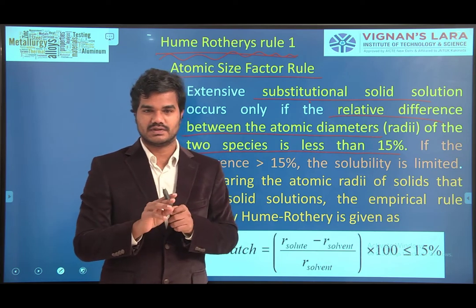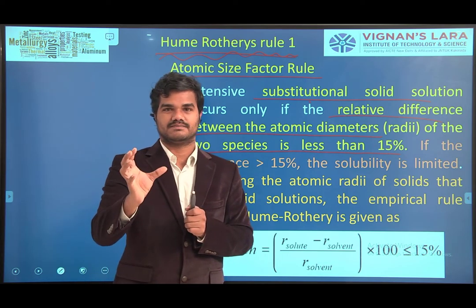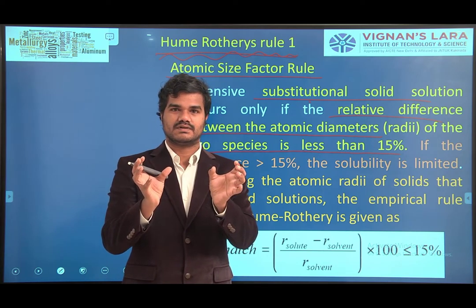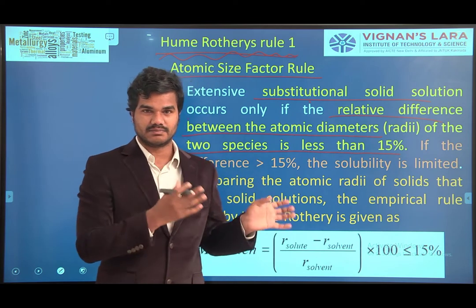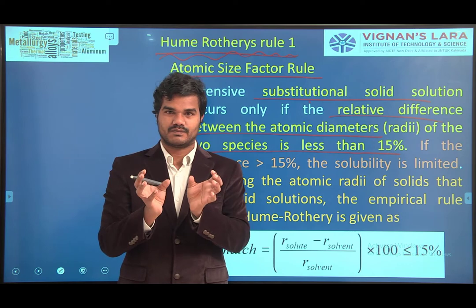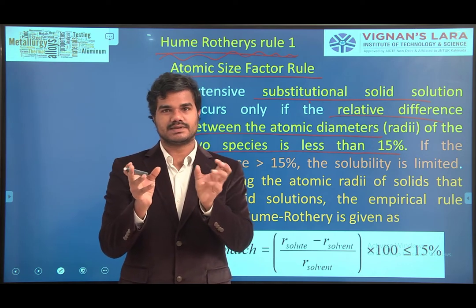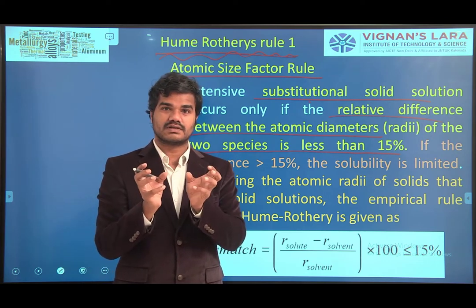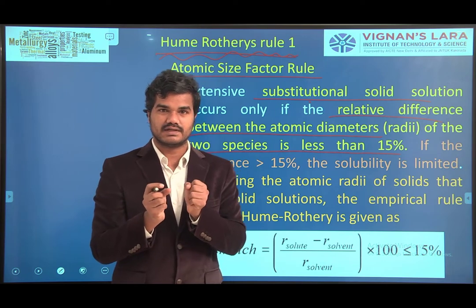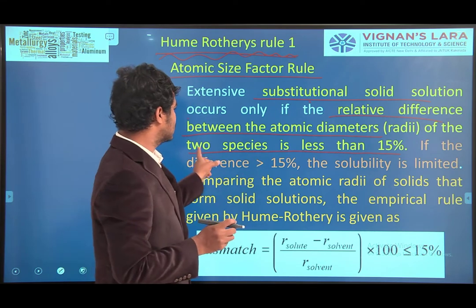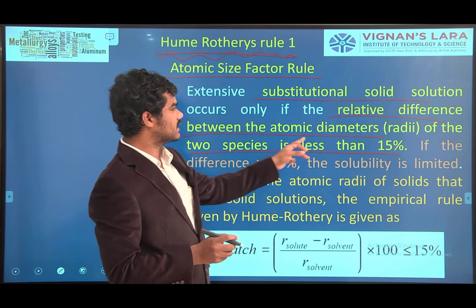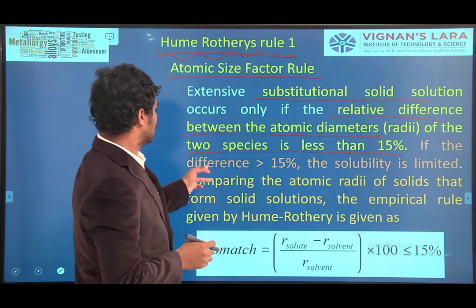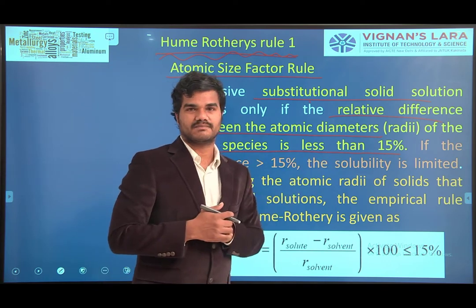Suppose A is of one atomic size and B is of another atomic size. Substitutional solid solution means the two atomic sizes should be almost the same. It occurs when the relative difference between the atomic diameters or radii of the two species is less than 15%.